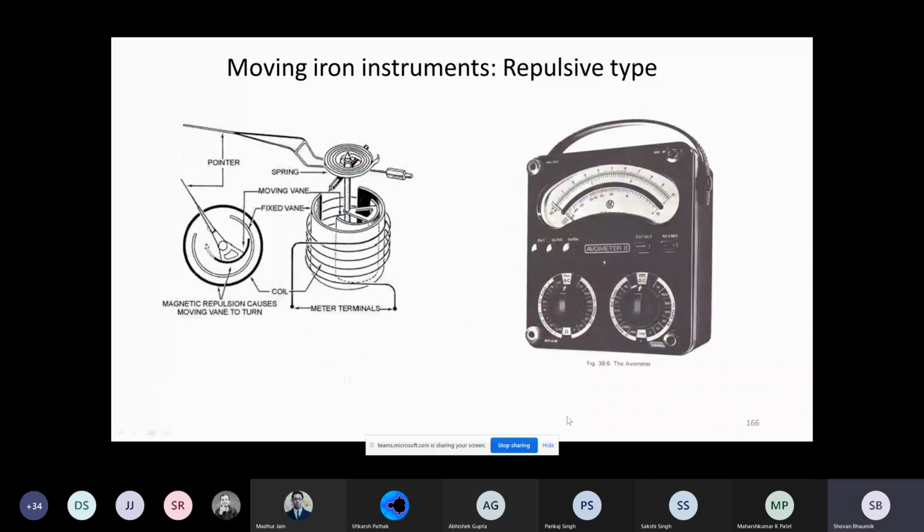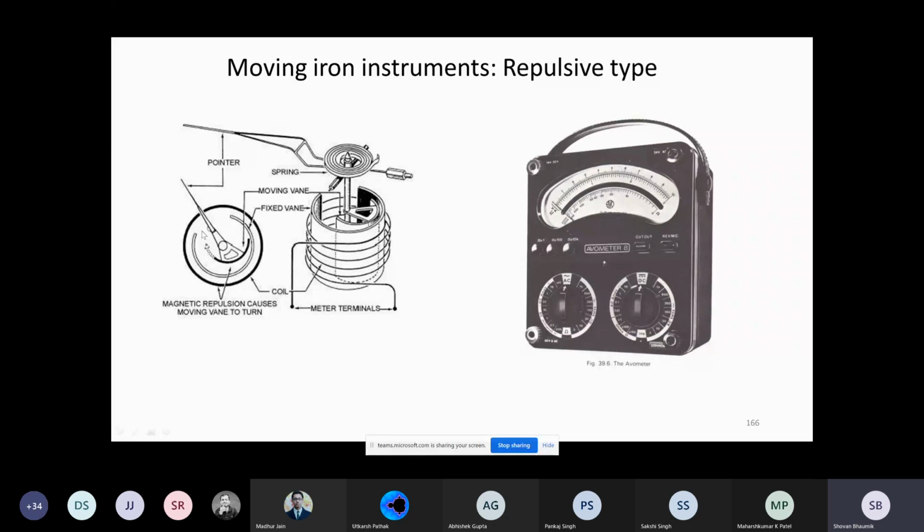Now here you see a more realistic figure. On the left hand side, you can see the moving vane inside, you can see the fixed vane outside, you can see the current carrying coils. So in the left you see the more realistic case.